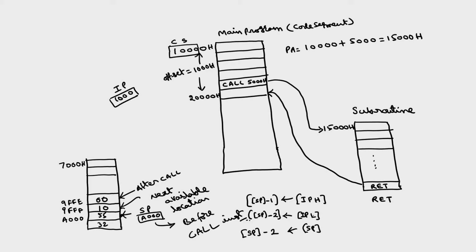So, this will be IP, 00 was IPL. The contents of SP is 9FFE, the contents of FE means 00. This 00 has to be transferred to the IPL.